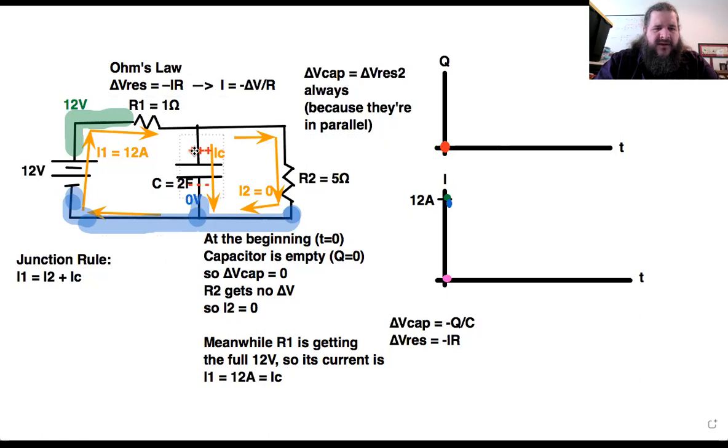But the fact that there is a charge on the capacitor means the capacitor now has a delta voltage, which also means we can no longer rely on the currents we calculated. But what we can do is say that as time passes, the capacitor gets more charge, meaning the capacitor's charge is going to increase.